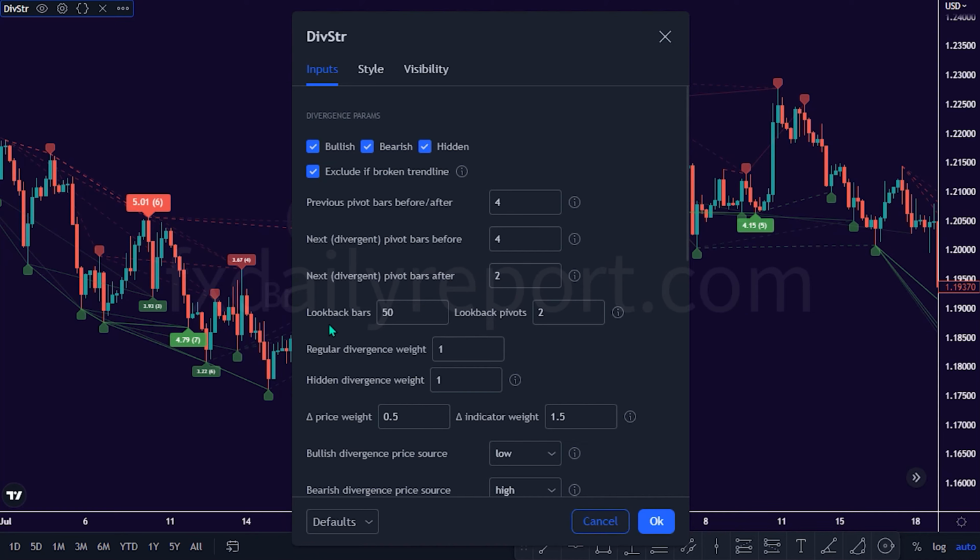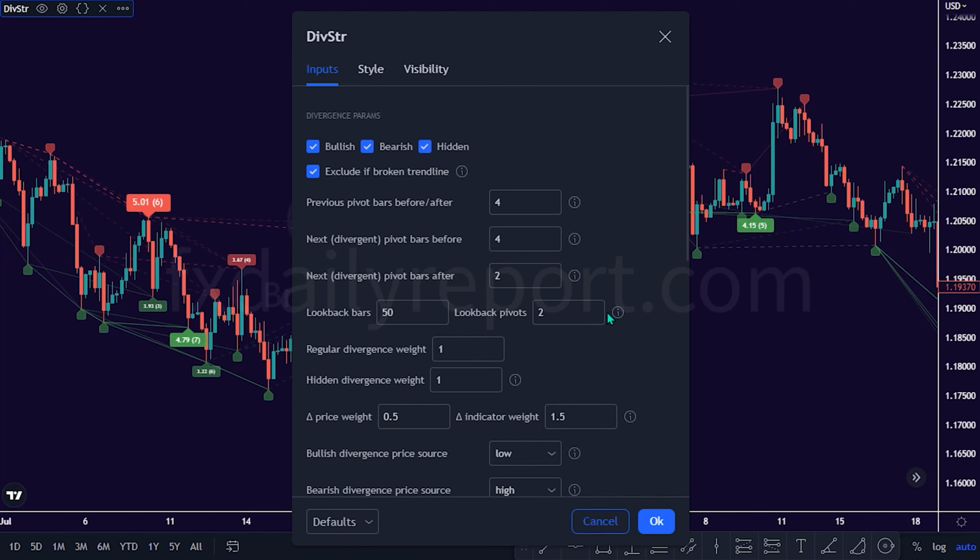The look-back bars by default is 50. The look-back pivots by default are 2. Look-back bars and look-back pivots specify the number of bars or the number of pivots to look back across. All components of the calculation are weighted and can be modified on the Inputs page in Settings.